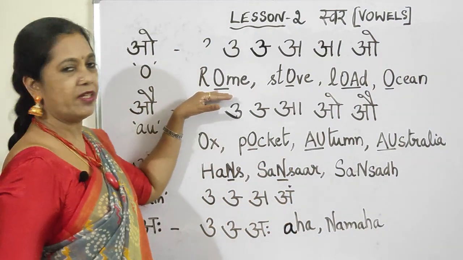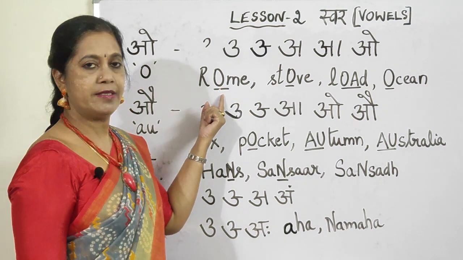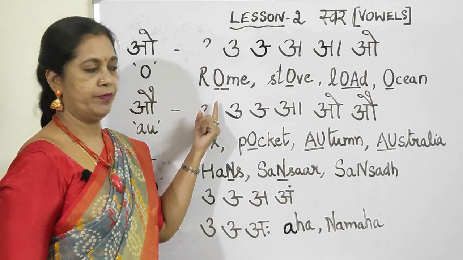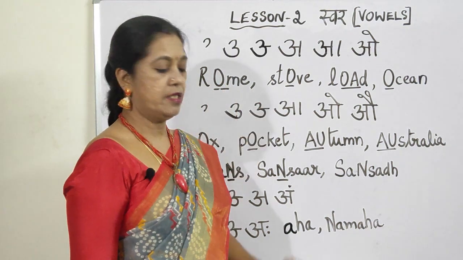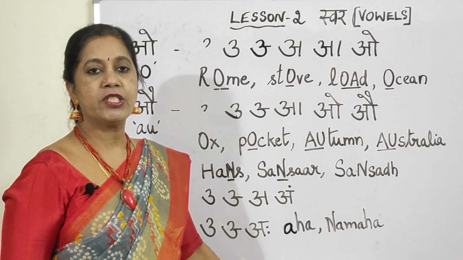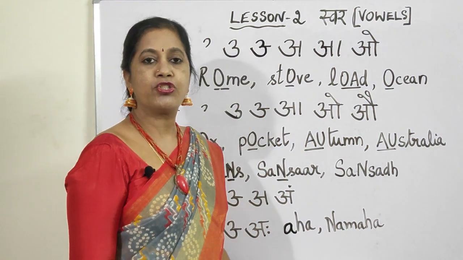Now the pronunciation is also quite simple. This is, you know the place, it is Rome, okay? Rome, R-O, so that is Rome. Don't pronounce this as stove. It should be stove.